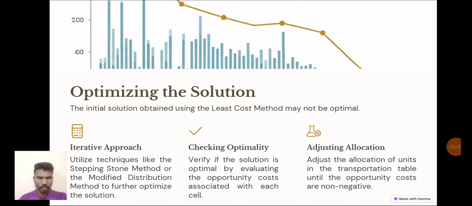Checking optimality: verify if the solution is optimal by evaluating the opportunity cost associated with each cell. Adjusting allocations: adjust the allocations of units in the transportation table until the opportunity costs are non-negative.